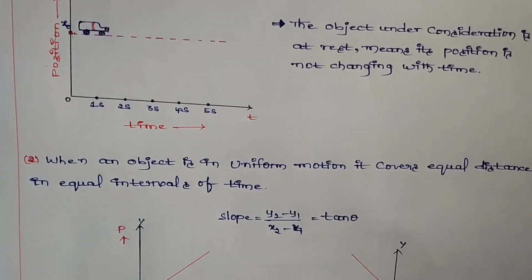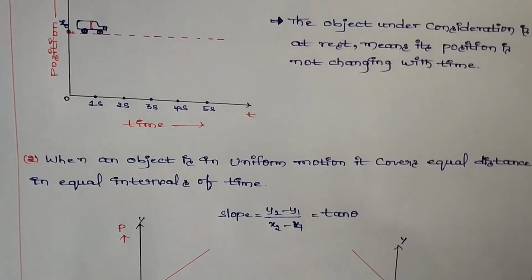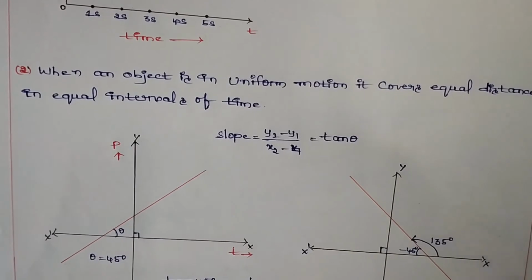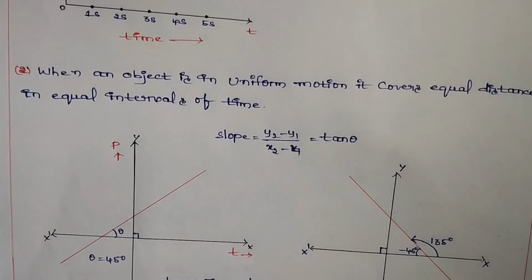One more thing we have to know is that the position time graph for an object in uniform motion is a straight line. But here the difference is that it is inclined, it is bent.